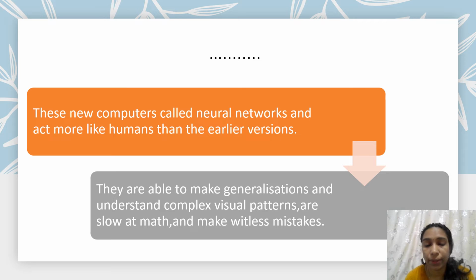They are able to make generalizations and understand complex visual patterns, though they are slow at math and make witless mistakes.